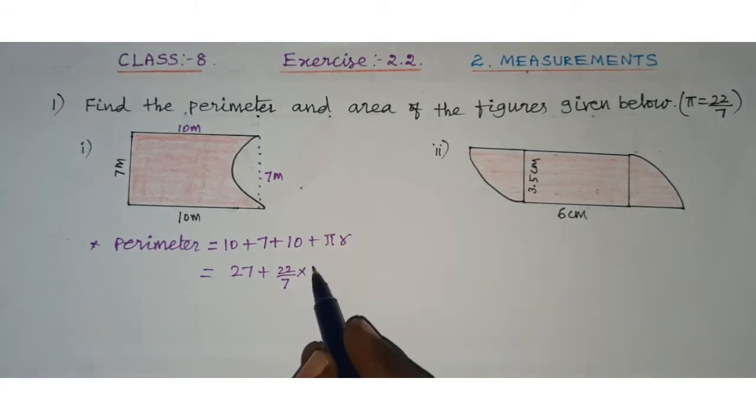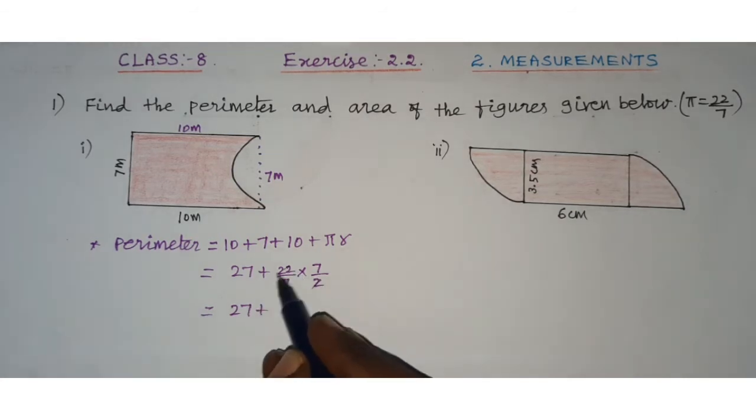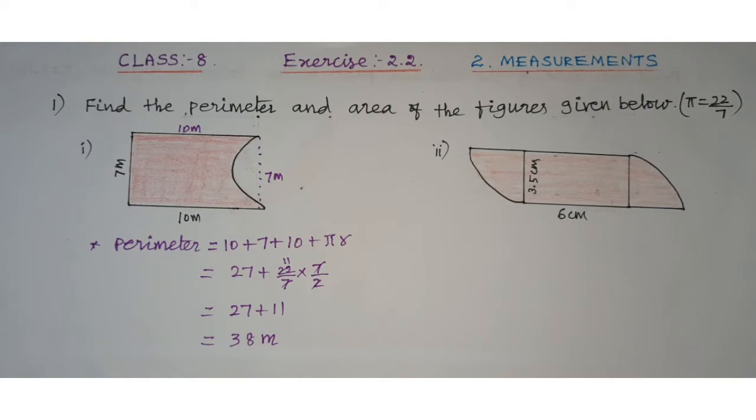Therefore radius equals 7 by 2. Now 27 plus, 2 ones are 2, 11 sevens are 11, 7 and 7 cancel. So finally 11 only. So 27 plus 11 equals 38 meter. This is the actual perimeter of the given figure.